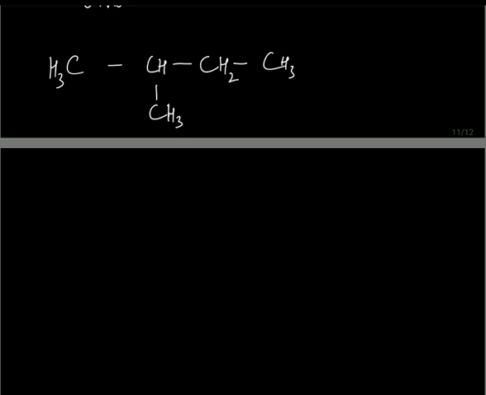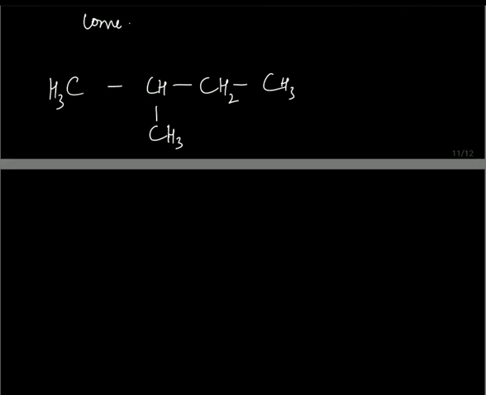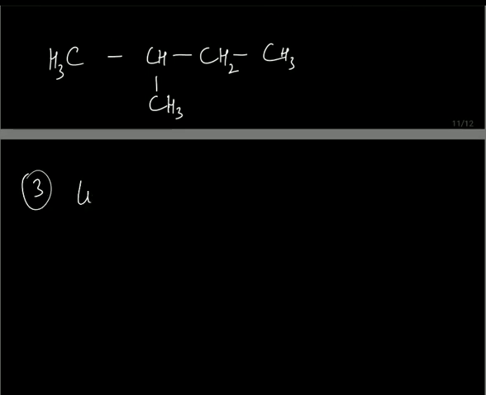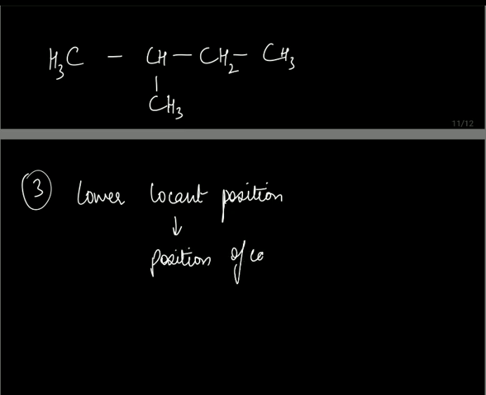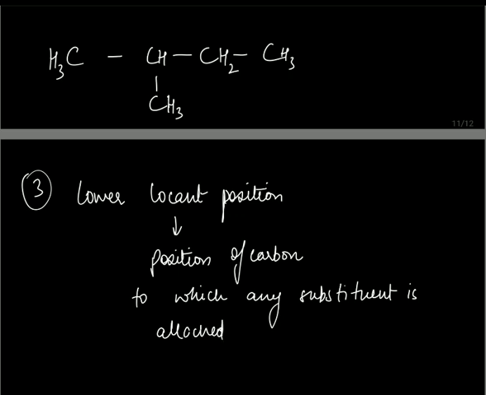Now over here, we need to write one more thing: lower locant position. What is a locant position? The position of the carbon to which any substituent is attached or bonded.